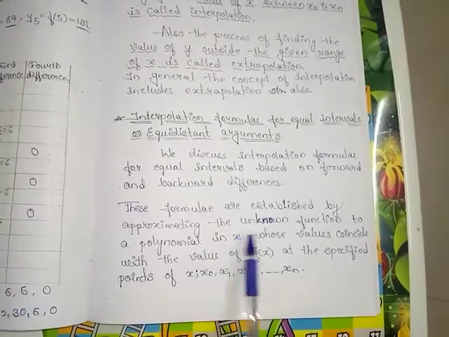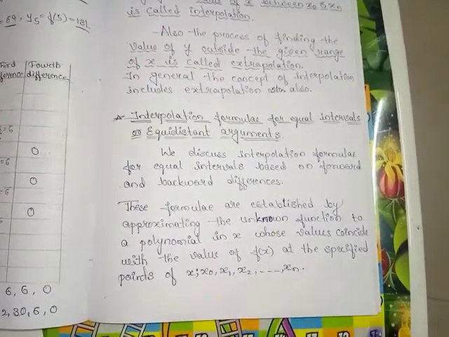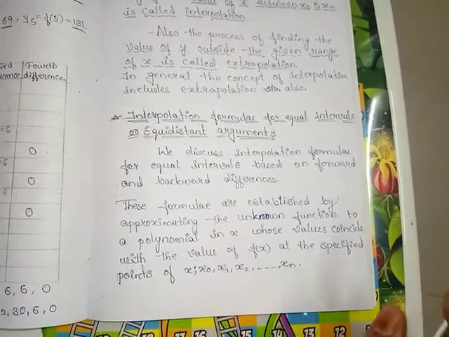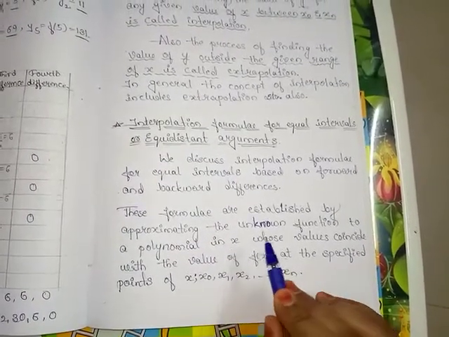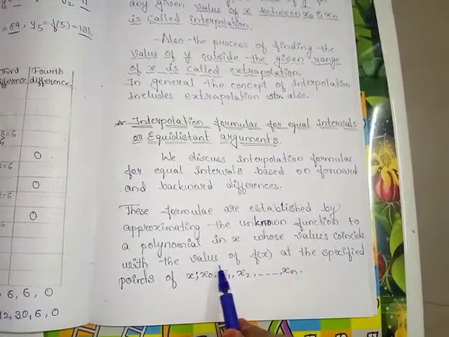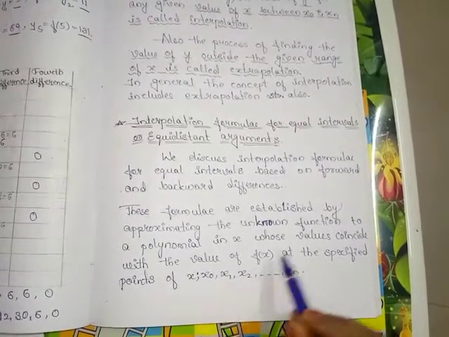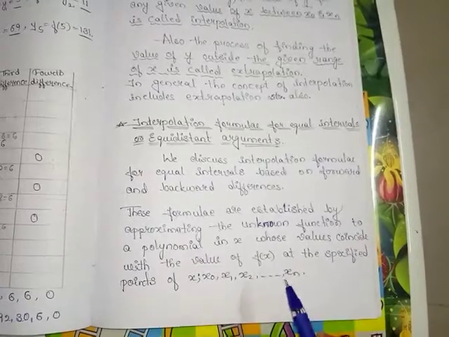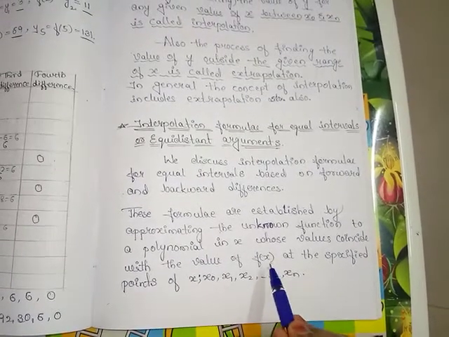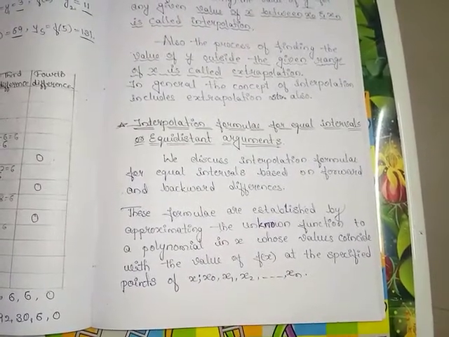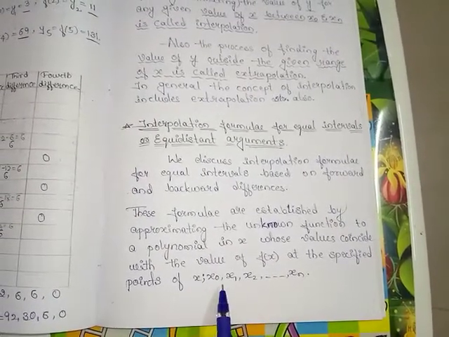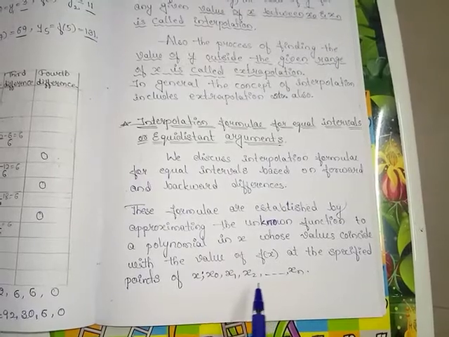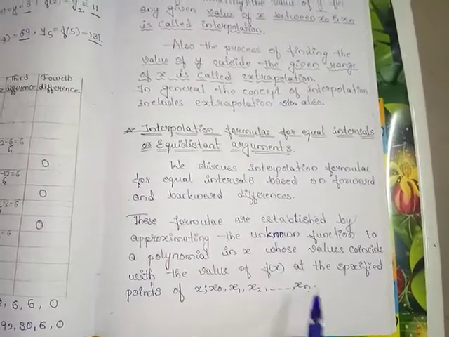Here f of x is a given polynomial, and we substitute the values of x in f of x at the specified points.